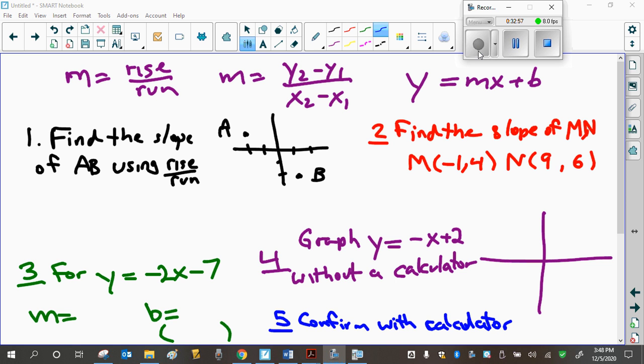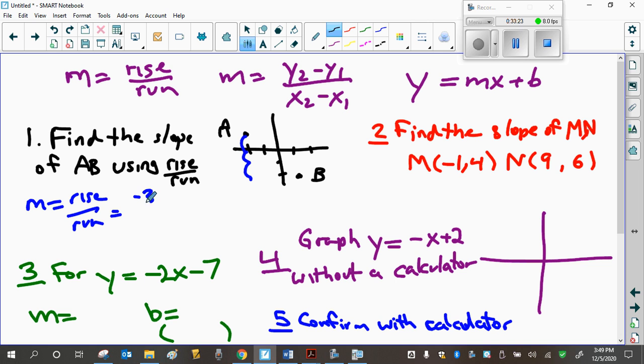Okay, let's see how you did. I don't think I'll use yellow. I guess I'll just stick with the same color. Find the slope. Okay, so rise over run is what you're writing down. The rise first, how many spots or units do you go up or down to get to B? 1, 2, 3 down.